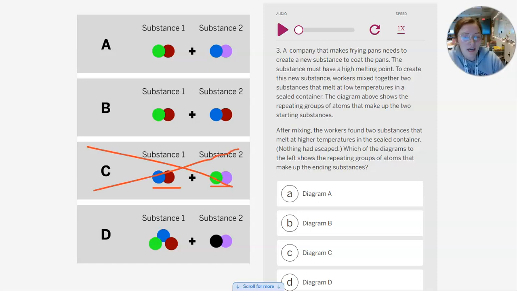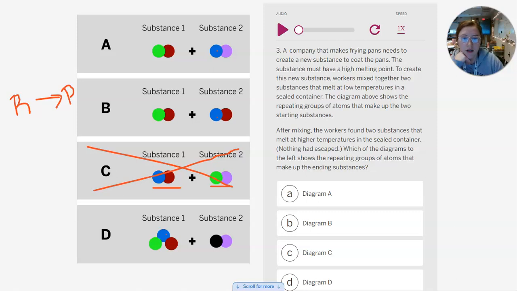What I have to do next is, if it was in my reactants, it must then be in my products. So I'm just going to start with the first atom that I saw. Let's check and see, do they all have a blue? So here's a blue, here's a blue, there's a blue.